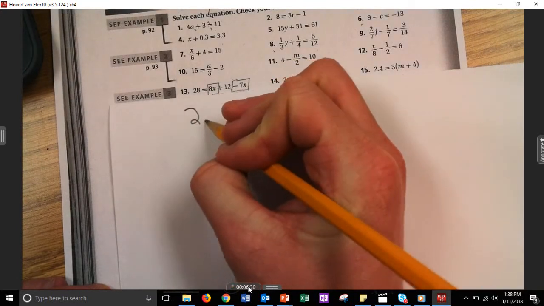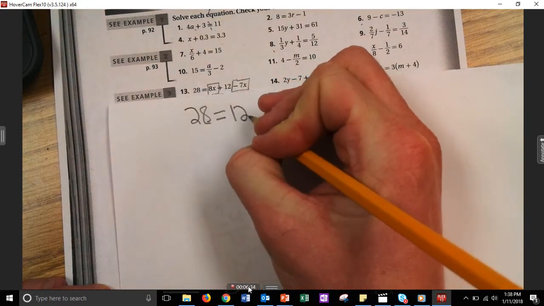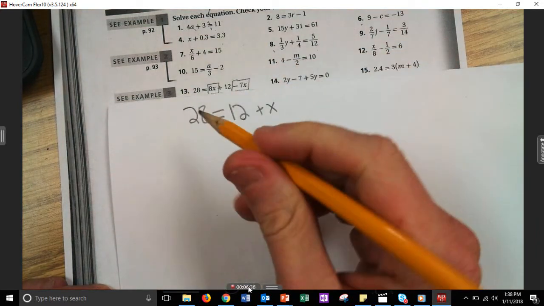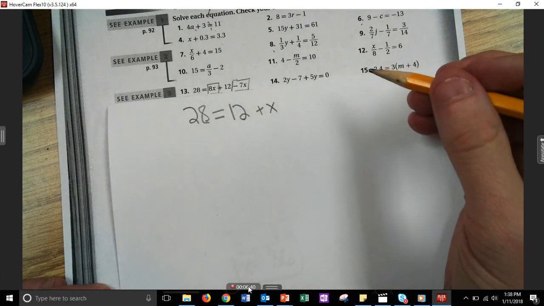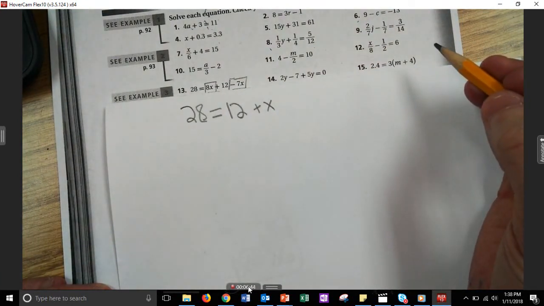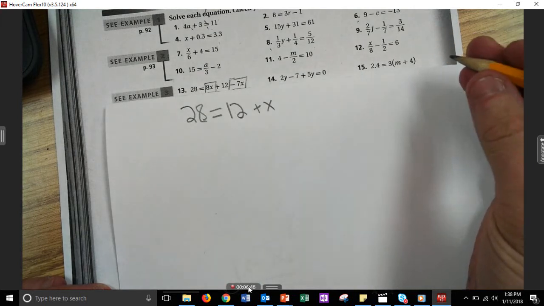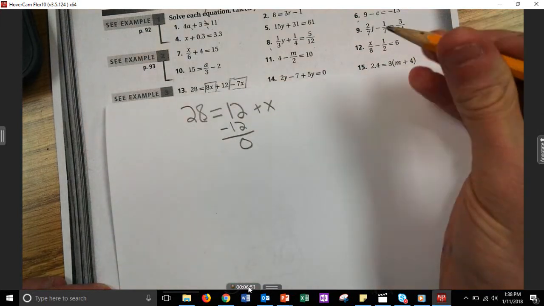So we have 28 equals 12 plus x. Remember, it's plus x because the 8x was larger. And then one more step. If this is a positive 12, we do the inverse operation, which is subtracting 12. So subtract 12 from this side, we get 0.